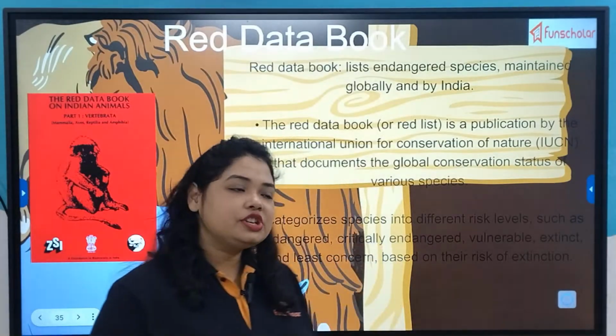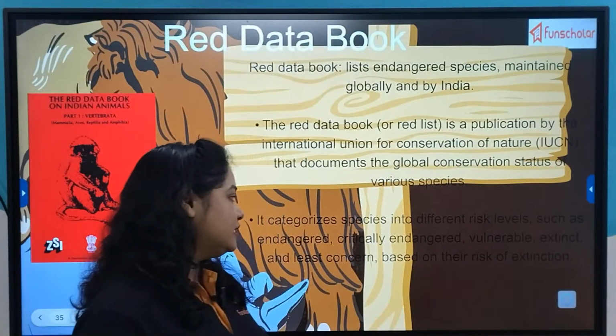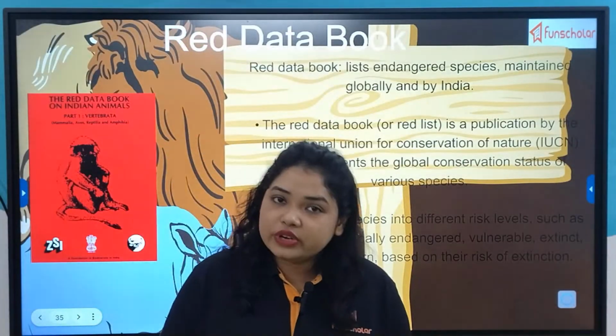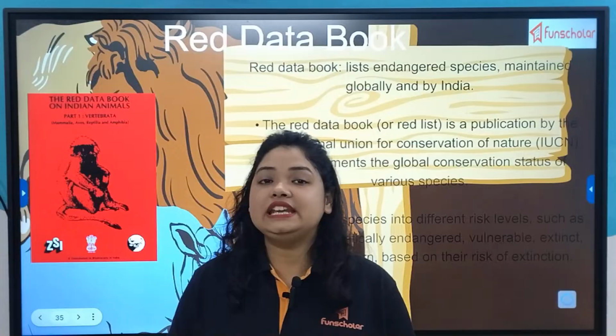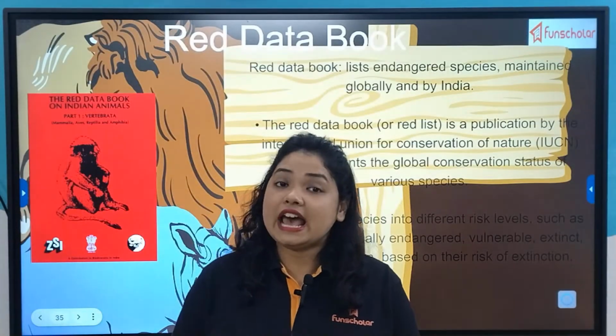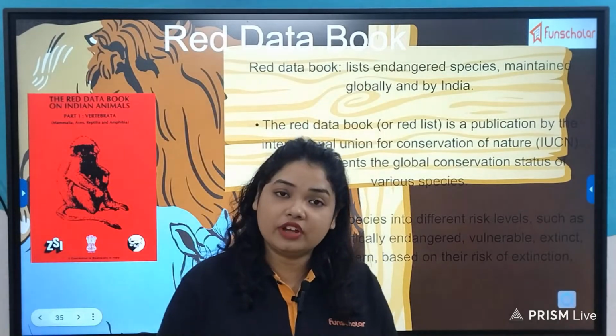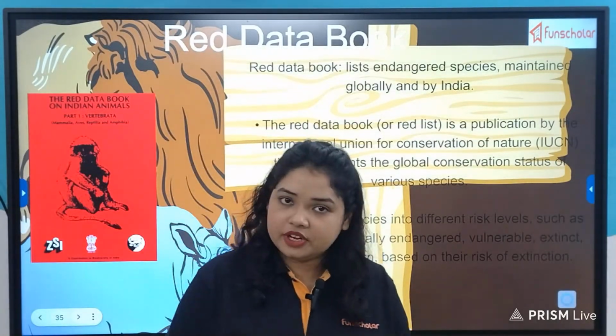But the species which do not face this risk are included in this category of least concern. That means as of now, no extra efforts need to be made in order to conserve their population.